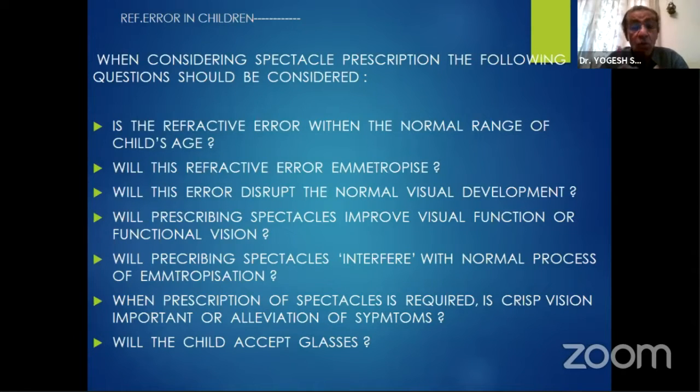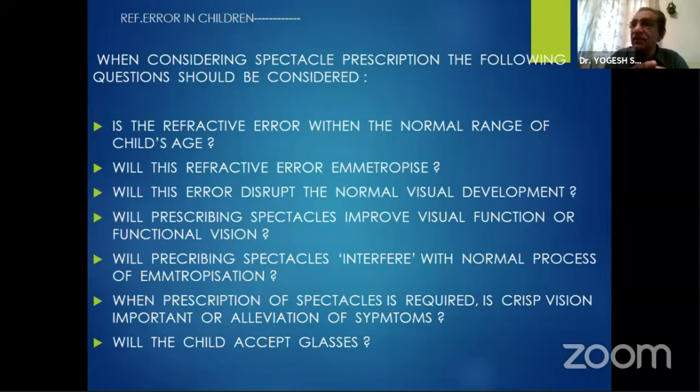Now, will prescribing spectacles interfere with the normal production of emmetropia? If you start treating a hypermetropia of 2 or 3 diopters at 2 or 3 years of age, it will disrupt the normal process of emmetropization. I mean, emmetropization would stop there because there is no stimulus. Emmetropization always occurs when there is hyperopia. When there is hyperopia, the eye always tries to compensate for that hyperopia by enlargement.